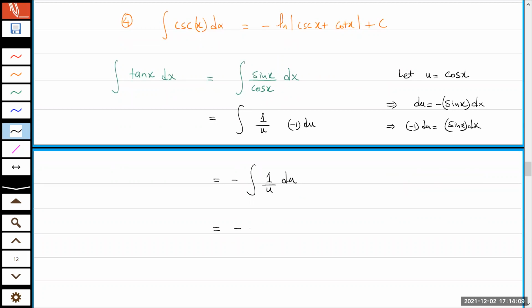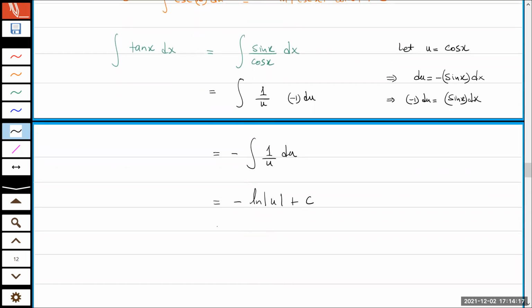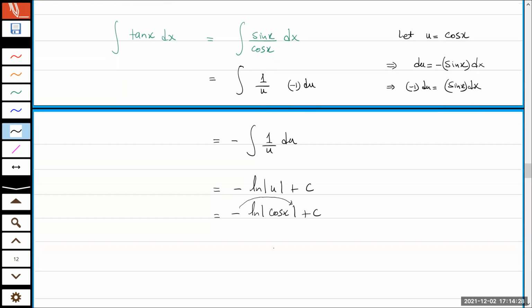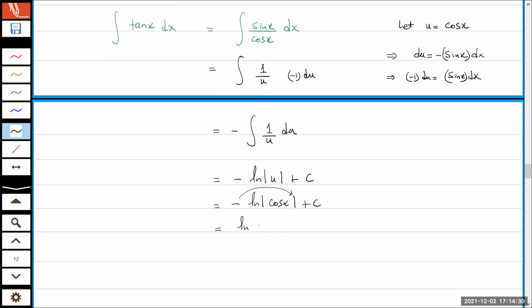We know that that's equal to log natural of u plus c, so negative log natural of u. u equals cos x, so negative log natural cos x plus c. I take this negative using the property of the ln, and I'm going to put it over here as an exponent. So log natural of cos x to the negative 1 plus c, and cos to the negative 1, which is 1 over cos, is secant. In the end, I can write log natural of secant x plus the constant of integration.